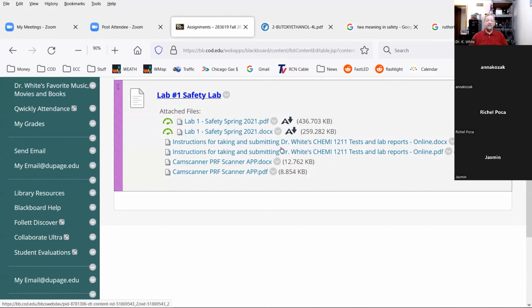You'll see instructions for submitting test and lab reports. I have both as a Word doc and a PDF. And if you do not own a scanner, there's a great app I found out from another instructor, who found out from one of his students a while ago, called CamScanner. And I have both how to use it as a Word doc and a PDF.